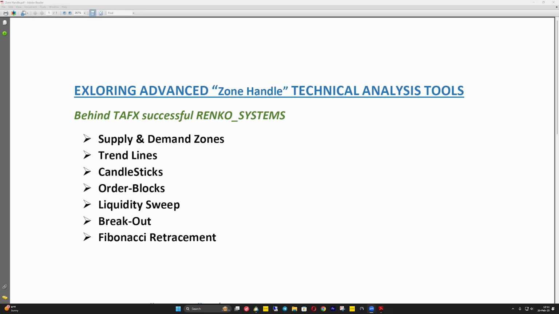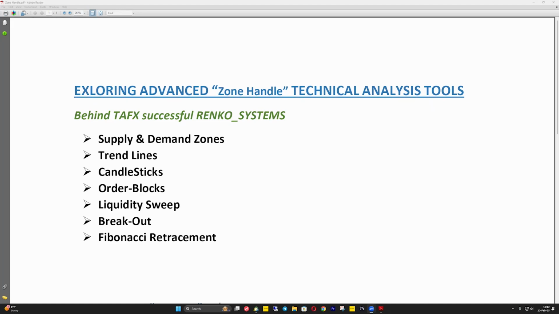When I'm talking about anything behind the successful RENKO system from TFX company, we are talking about any RENKO system, whether it is manual or the EA. What I'm about to share here will give more light to you guys to understand how our system works.